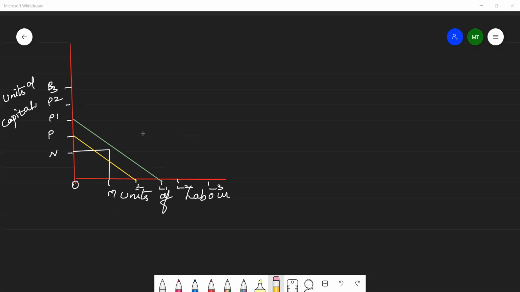Okay, next curve is P2 to L2. Next curve is P3 to L3. Okay, that's all.